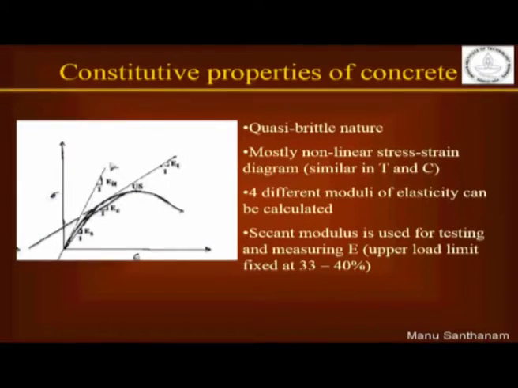As per the codes, what we are supposed to use is the secant modulus. The tangent modulus and chord modulus give us some estimate about how the system is increasing cracks, and how they are reducing the stiffness of the concrete. For all practical engineering purposes, we assume that the modulus is simply the secant modulus.